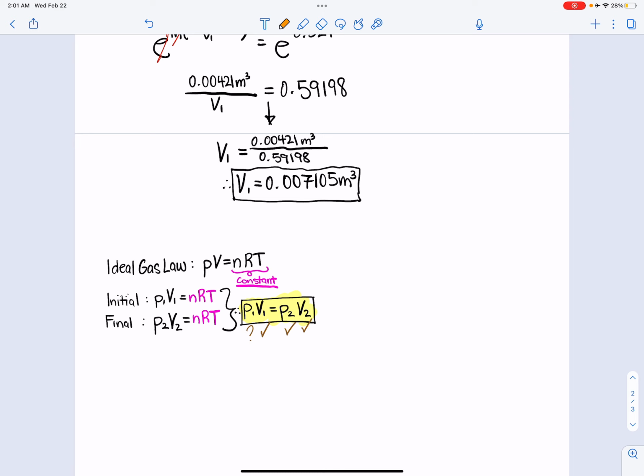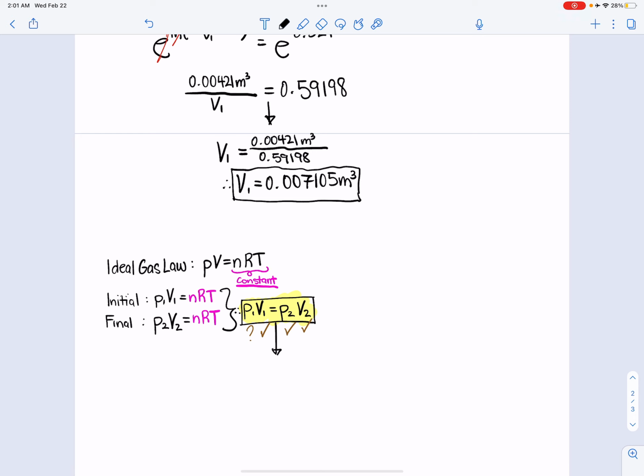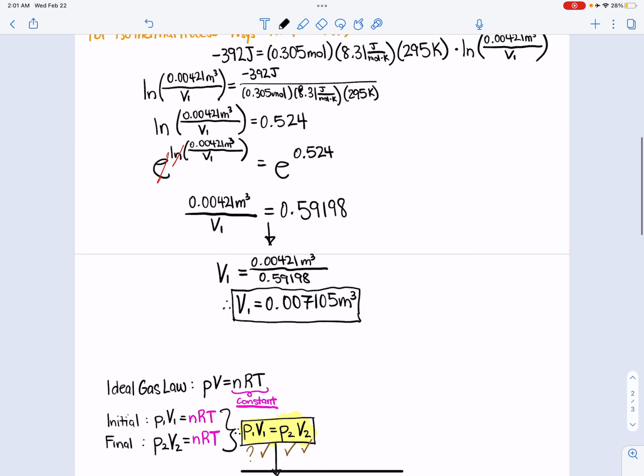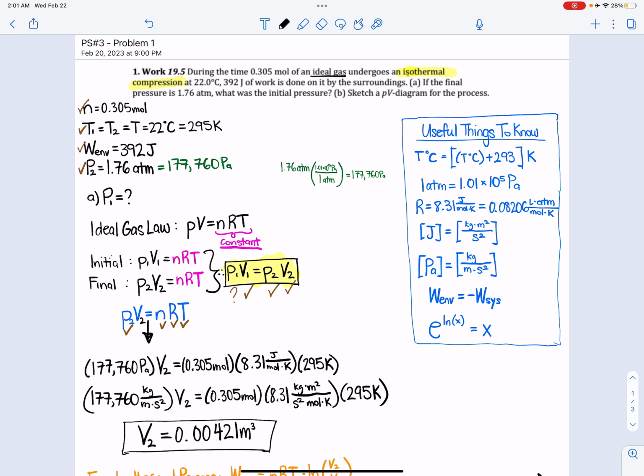All right, and let's plug in what we know. So I'm looking for P1. V1 we said was 0.007105 cubic meters. And that is equal to P2, which was given right here.